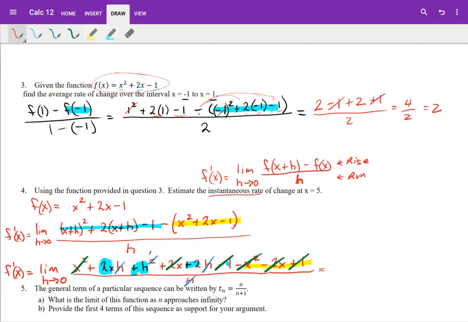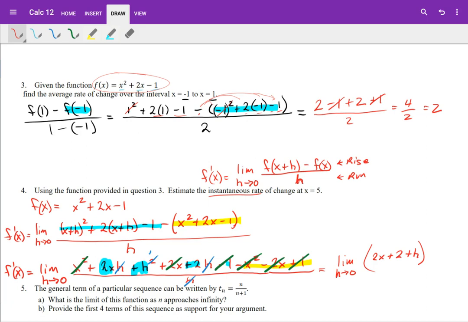So it becomes the limit as h approaches 0 of 2x plus 2 plus h. And I think we got everything there. Yeah, there it is. There was an equal sign there that should not have been there. I just erased it because this is the limit of this.